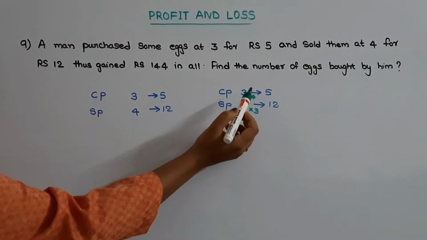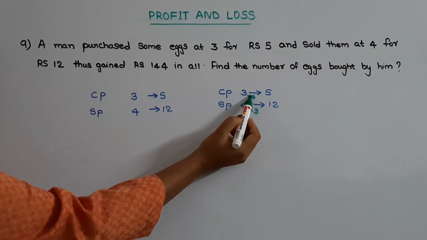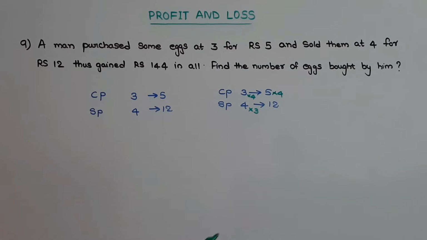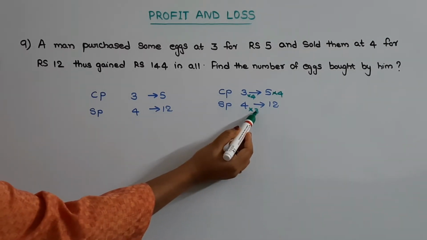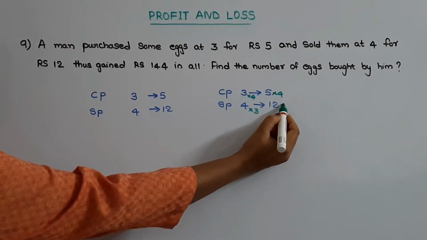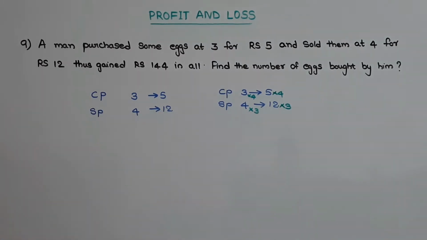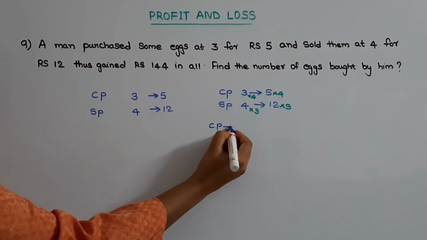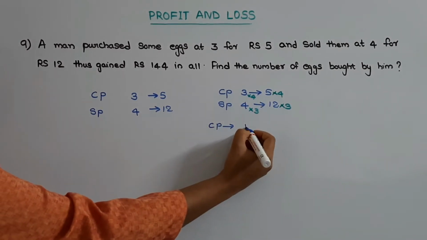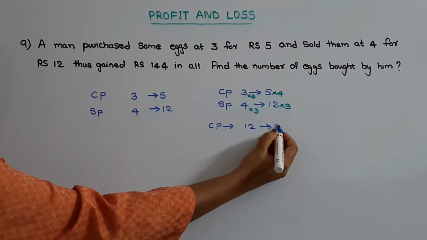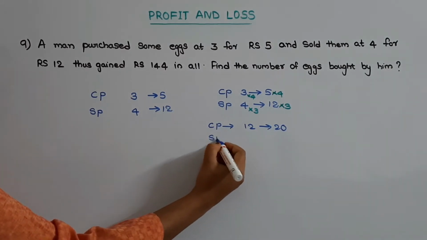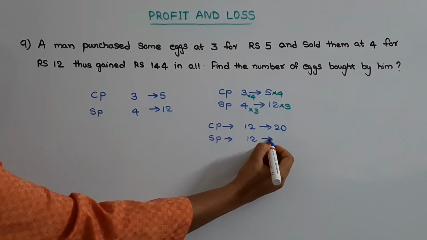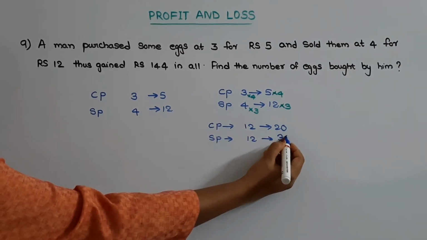Now since we multiplied this 3 by 4, this 5 also should be multiplied by 4. And when we multiply this 4 by 3, we need to multiply this 12 also by 3. Now we can write this as the cost price for 12 eggs is 20, and the selling price for 4 into 3, that is 12 eggs, is 12 into 3, that is 36 rupees.